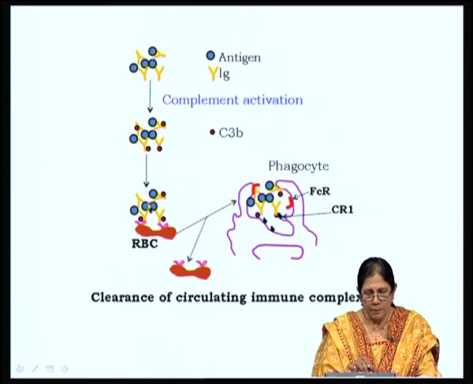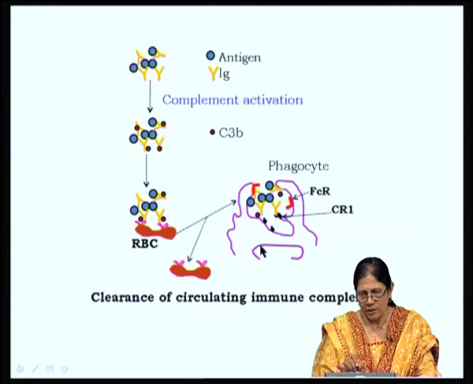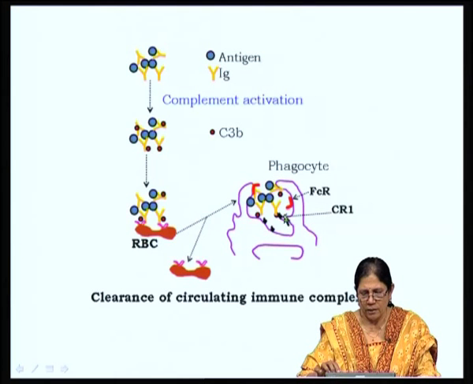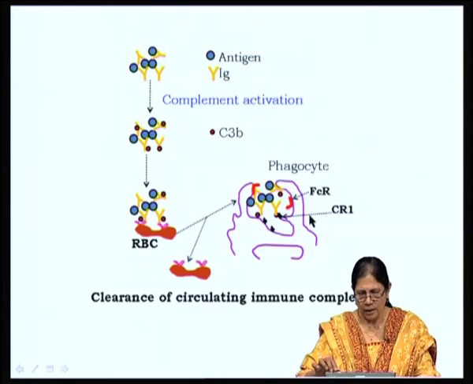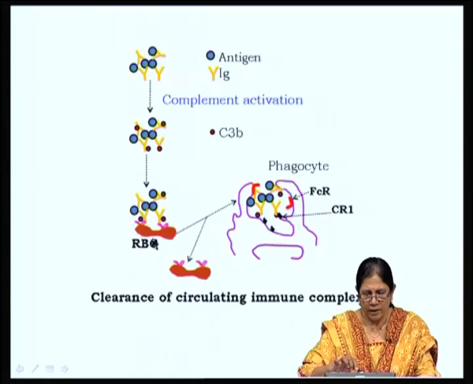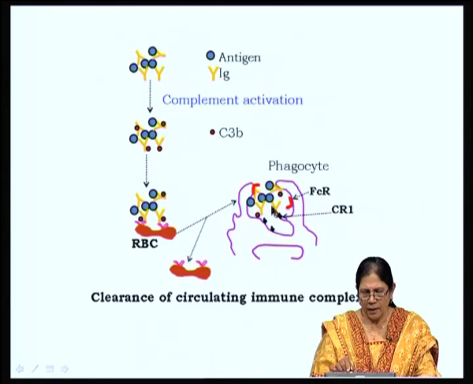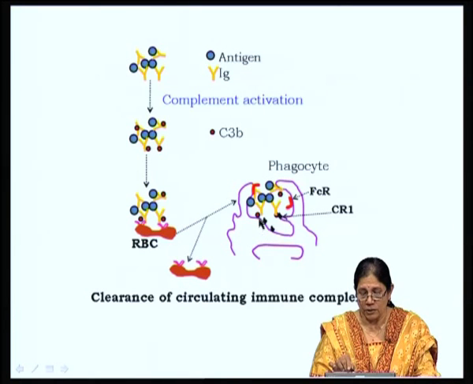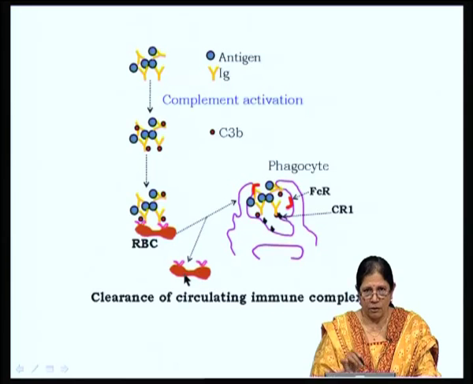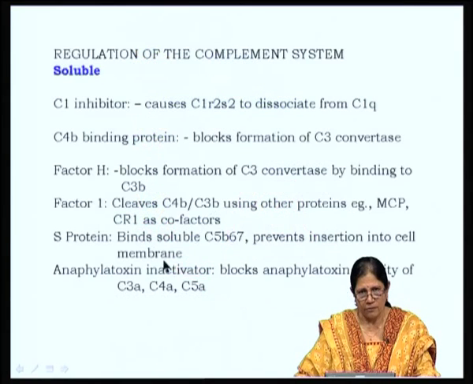This RBC with its cargo now donates this complex to the phagocytes, because phagocytes have many more CR1s and have good affinity, and phagocytes can also phagocytose this complex, and thereby this is in fact cleared from the system. RBCs then go to the spleen for their final destruction.